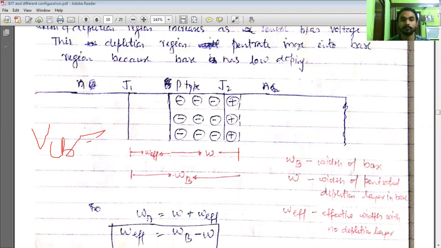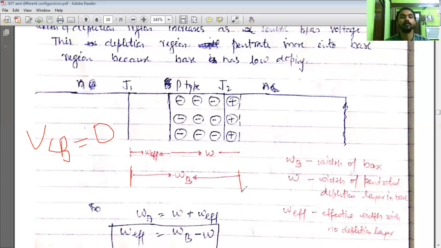That's the without biasing condition, you can say unbiased condition. In this case, this one is called the base width.